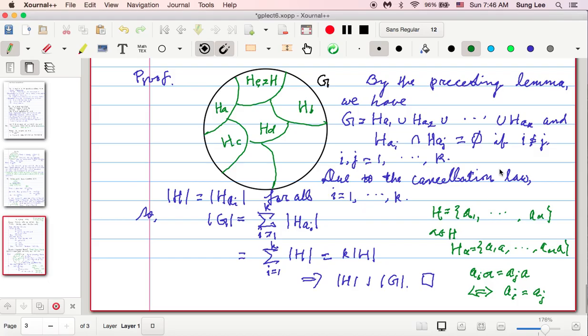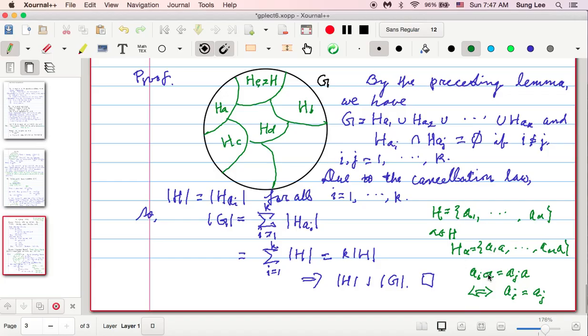But when we proved that theorem, the argument is that a is also an element of G, so there is a inverse. Whether the inverse belongs to H doesn't matter. Using that inverse, we can get this.